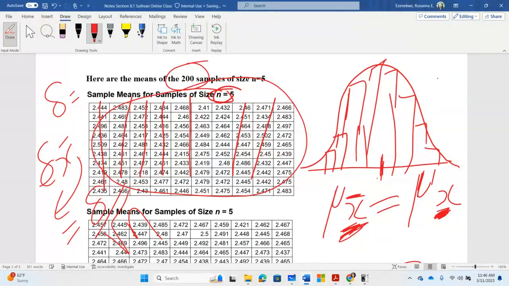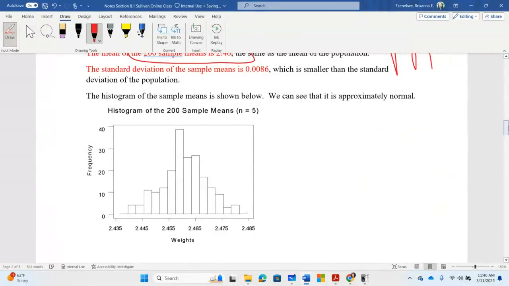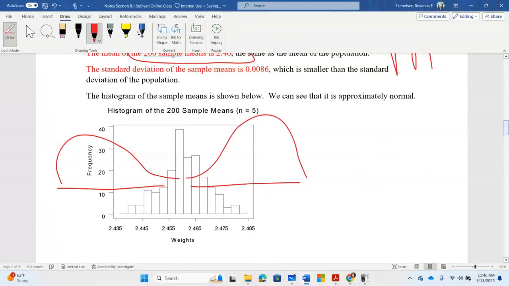Let me make sure I summarize what the central limit theorem says. It doesn't matter if the original data is skewed right, normally distributed, or skewed left. Let me call these A, B, and C. A is skewed right.